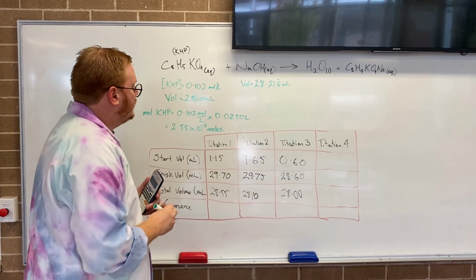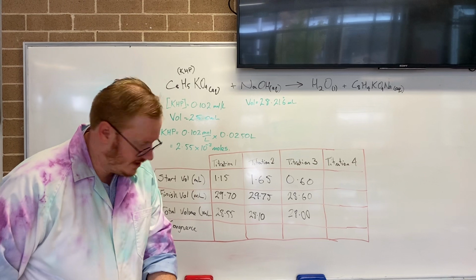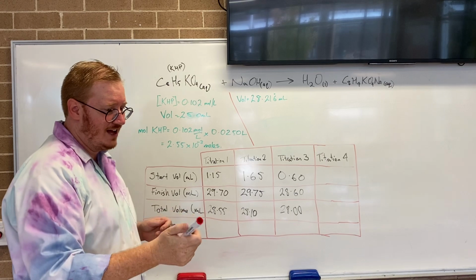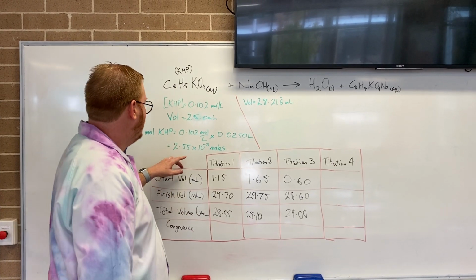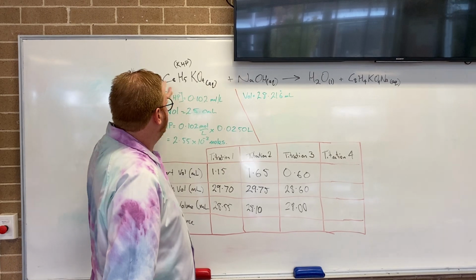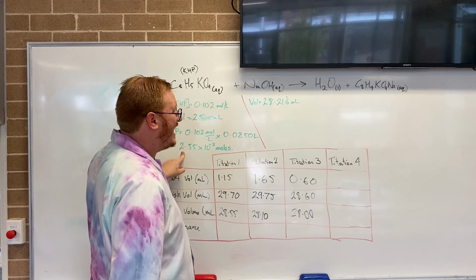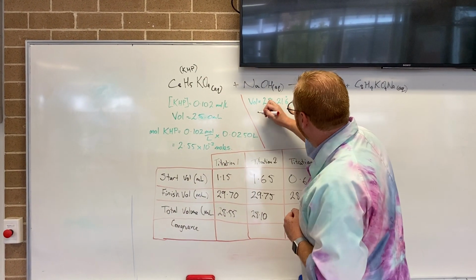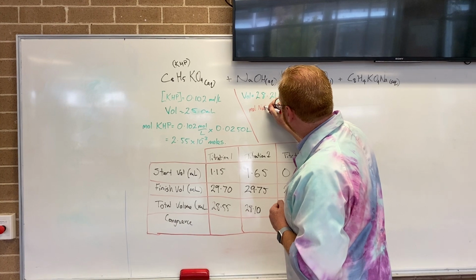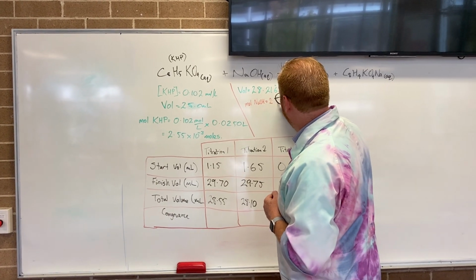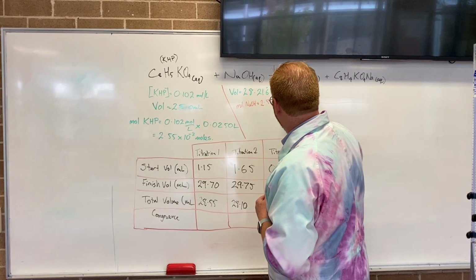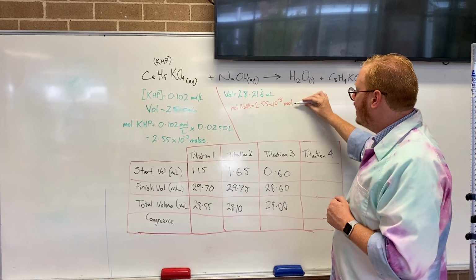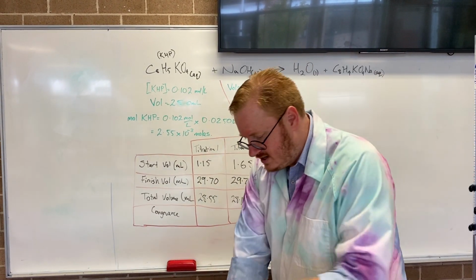Okay, so let's look at our stoichiometry now and work out how many moles we had of sodium hydroxide at the equivalence point. Because it's a 1-to-1 stoichiometric ratio, there must have been the same number of moles at the endpoint or the equivalence point. So we know the moles of sodium hydroxide equals the same, 2.55 times 10 to the negative 3 moles. Okay, we're looking for our concentration. We've got our moles, we've got our volume, we just need to divide them.